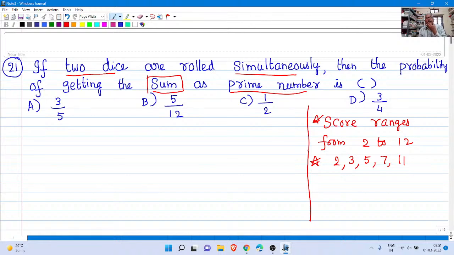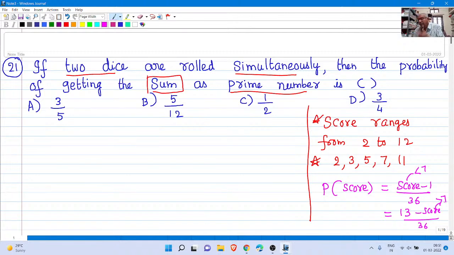So here I will explain the super shortcut. P of score, when two dice are rolled, you can write like this: (score minus 1) upon 36 if score is less than 7. Otherwise, (13 minus score) upon 36, if score is greater than 7, you apply this shortcut. So here, P of prime score you need to find out.